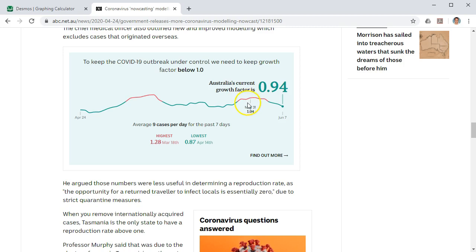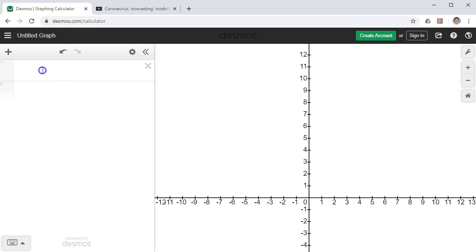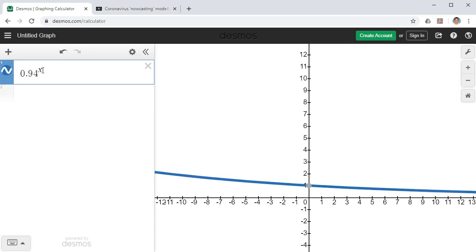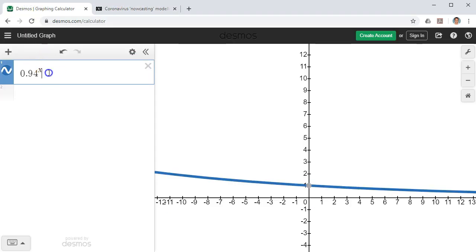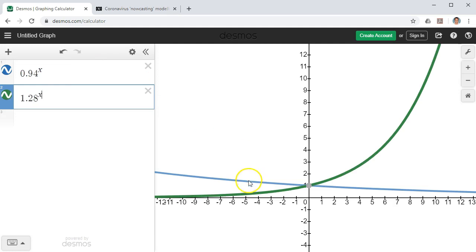Now, if you think about that and go back to Desmos, you might remember that when the number is less than 1, for example 0.94 to the power of x, you get exponential decay. What happens when the number is above 1? Going back here, the highest it's ever been is 1.28. What's going to happen then? Well, when it's above 1, you might remember that we get exponential growth.